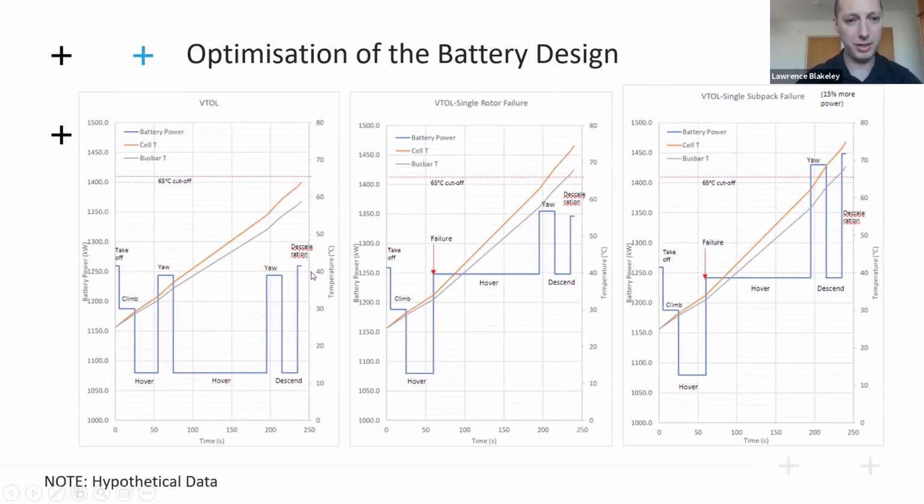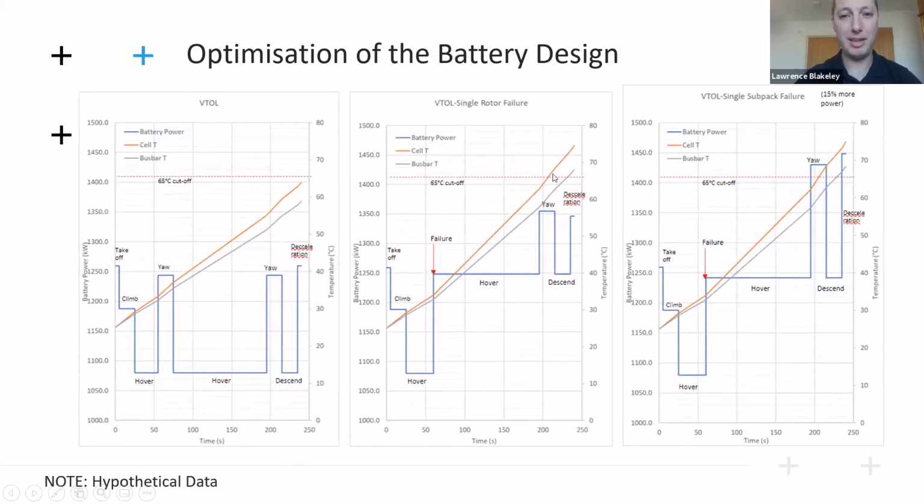And then the deceleration, this is again combating the ground effect just before touchdown. And as you can see on the cell temperature and the busbar temperature, we run to just underneath the 65 degrees C cutoff for the cell temperature. So this is good. The middle, we simulate in the model a failed rotor.